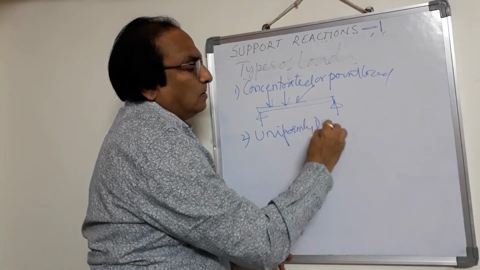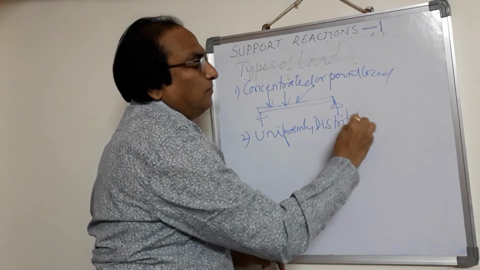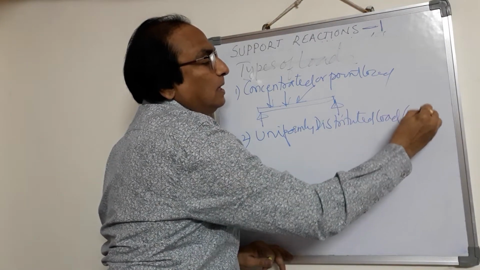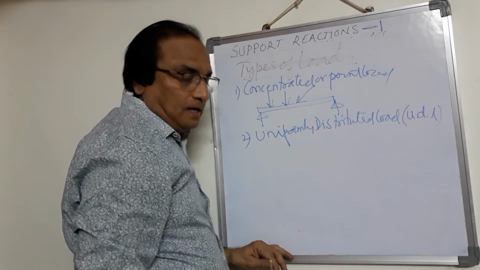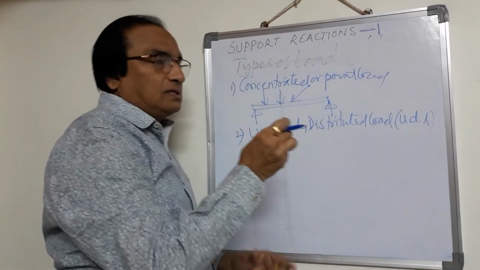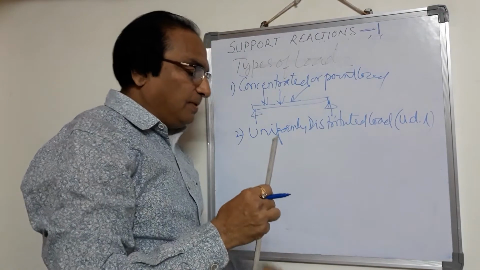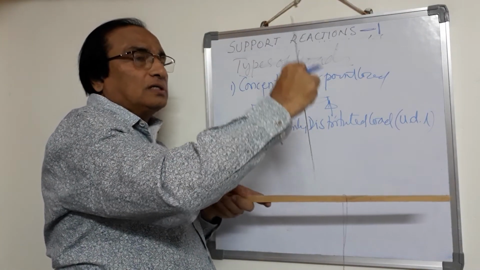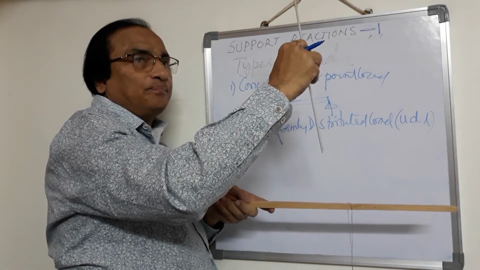uniformly distributed load. Uniformly distributed load, we abbreviate this as UDL. Now suppose if this is a beam, and the load is acting at a point, it is known as a point load. Suppose it is weighing 10 Newton.